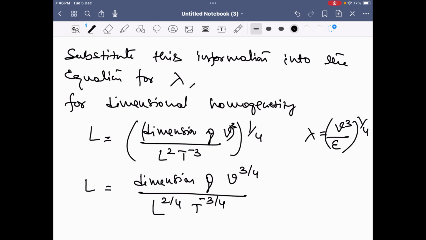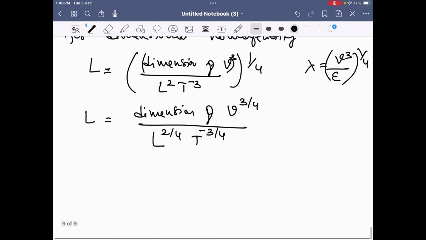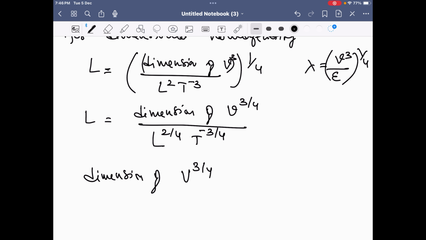So now we can bring this L to the other side. So now dimension of V to the power of 3 by 4 is equal to L into L to the power of 2 by 4 into t power minus 3 by 4.